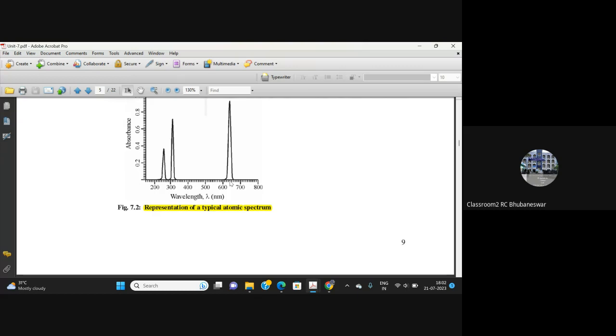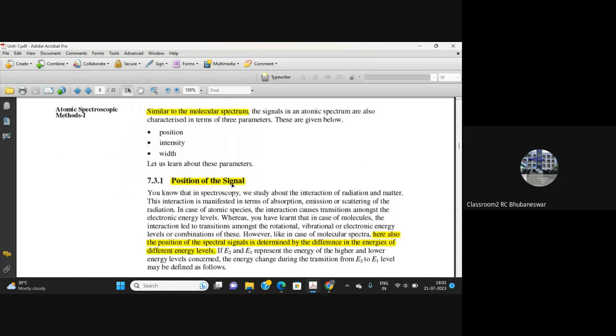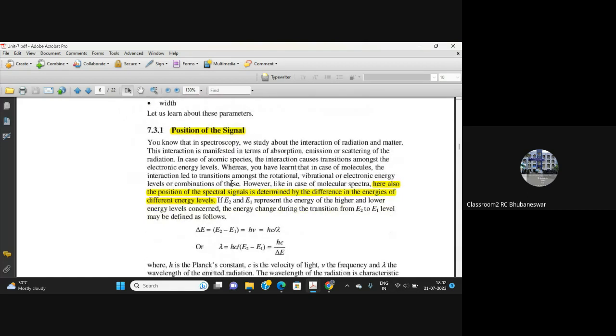You are seeing it in a certain wavelength region. At the same time, whatever peak maximum you are seeing here, that is lambda max. I was telling you in the fluorescence class, that is your lambda max.